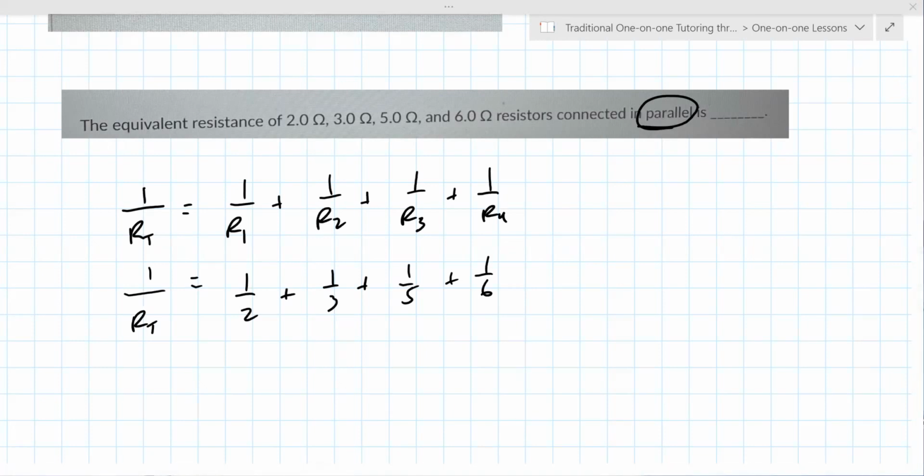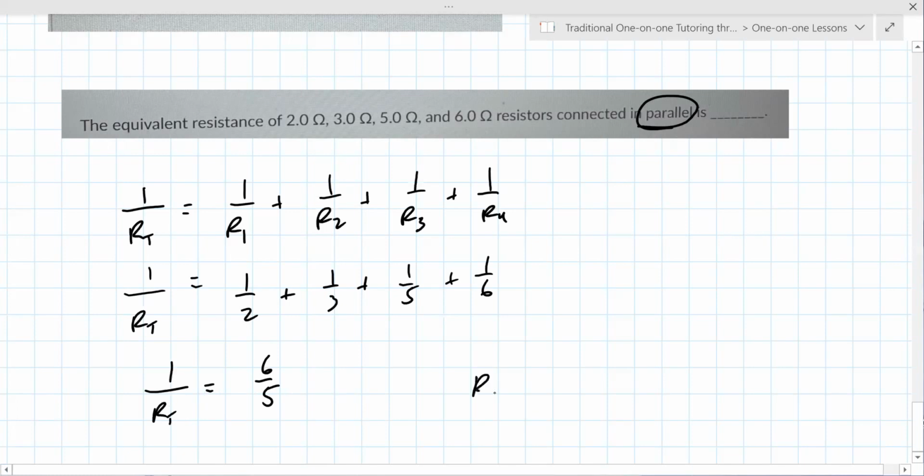Do that real quick. So that is 6/5. And then you flip the left, you flip the right. So the total resistance is 5/6, which is 0.83 ohms.